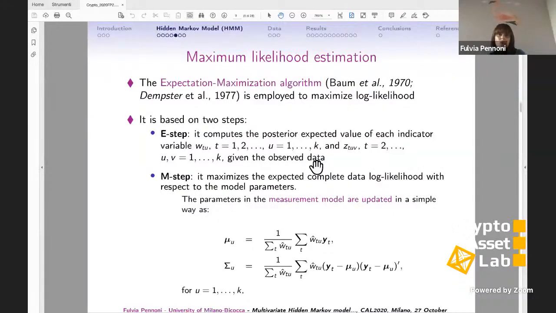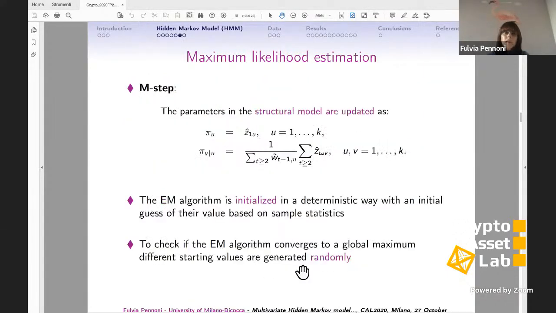In the maximization step, we maximize the expected complete data log likelihood with respect to the model parameters, and these steps are iterated until some convergence criterion is reached. At the M step, the parameters in the measurement model are updated quite simply in this way. I won't go into details, but you can find more in the paper. Likewise, the parameters of the structural model are updated with simple forms.